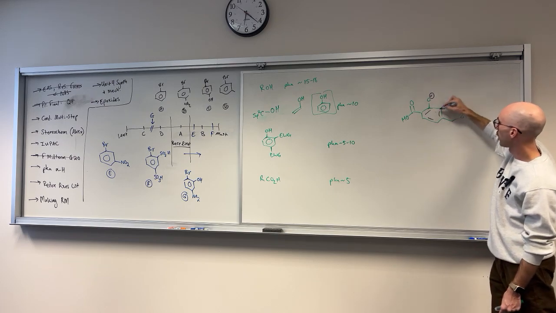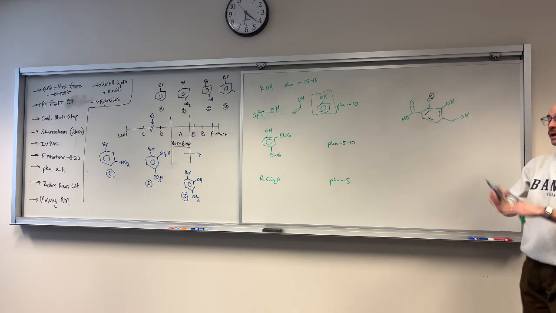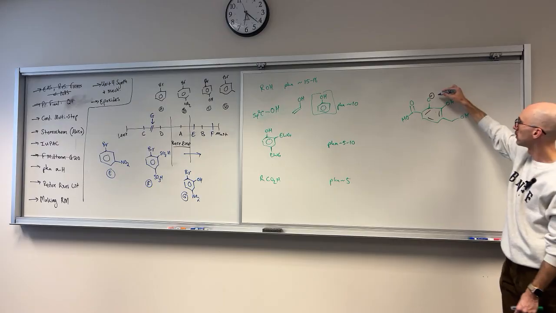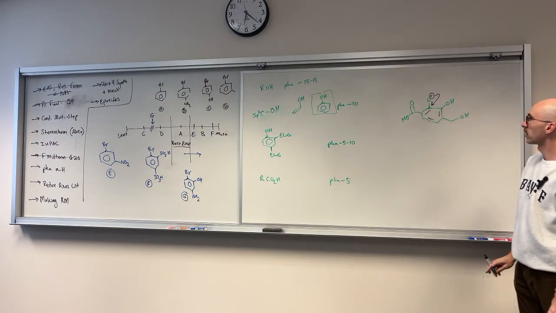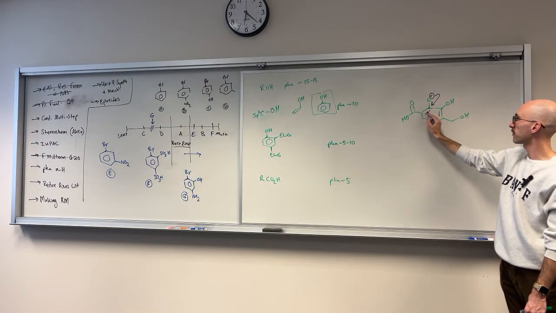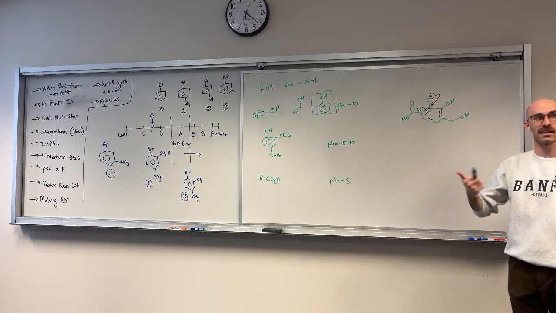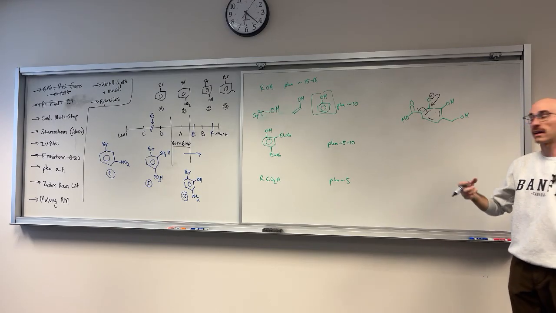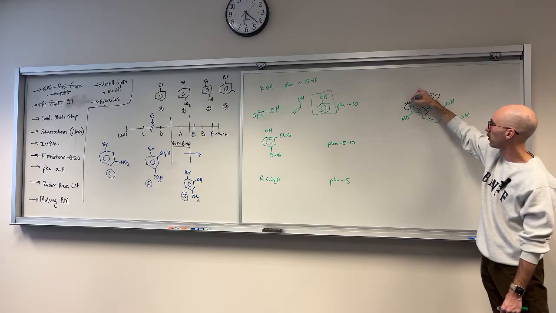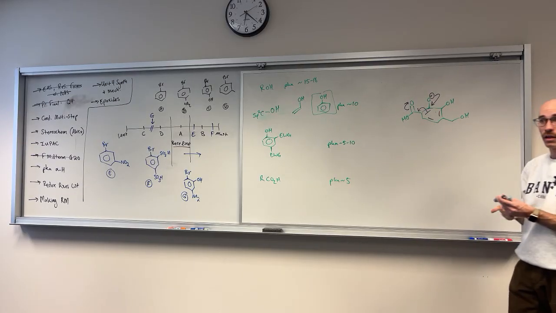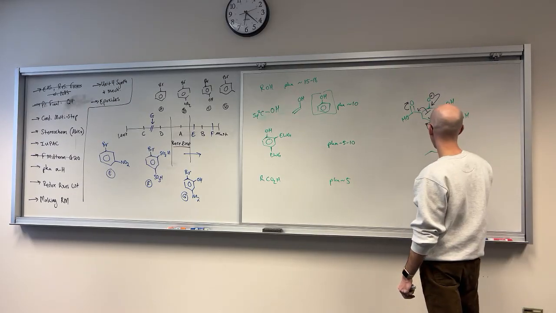We'll put in the pi bonds, and we'll see where the electrons can go. They can go here, which means these have to move. Wouldn't it be nice if my electron withdrawing group could withdraw the extra electrons from my oxygen?